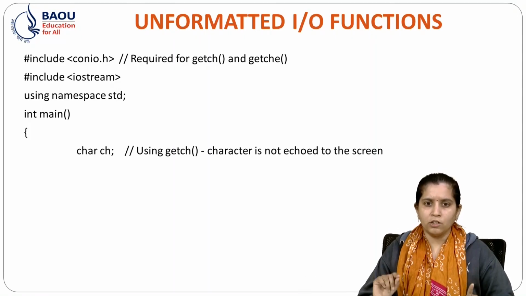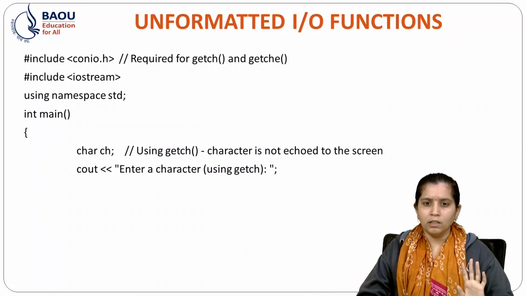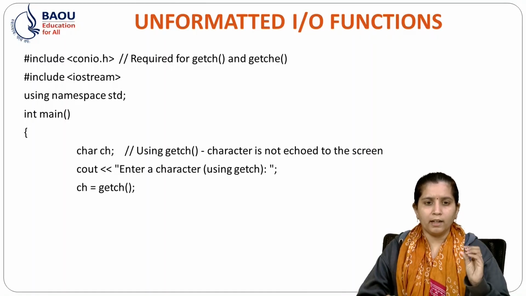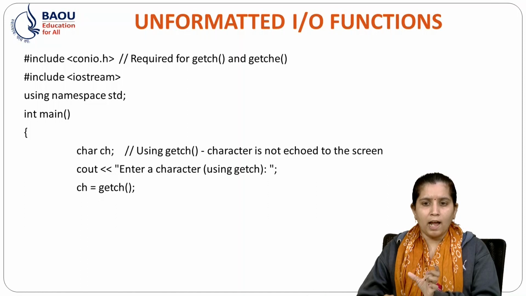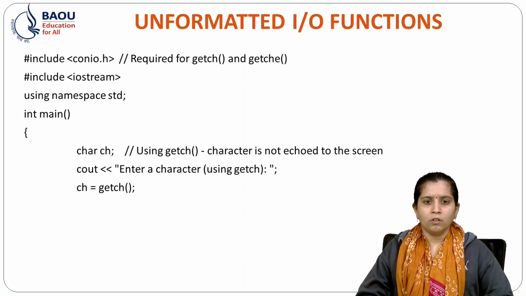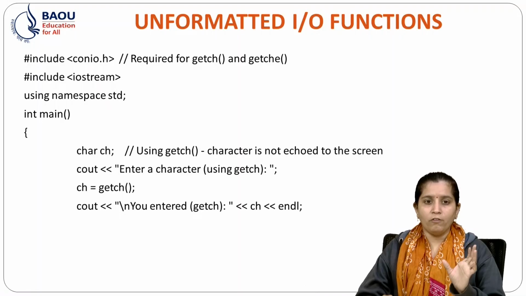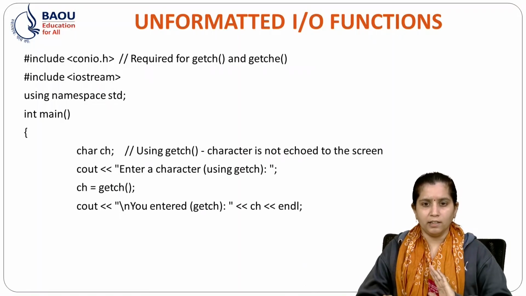Using getch, we will get a character that is not echoed on the screen. So cout, enter a character using getch. What I have done over here is in character ch, I simply pass the getch function. We will see the difference between getch and getchar in this.